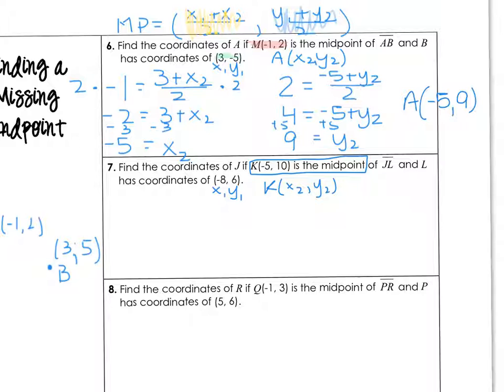So looking for the x part, the x coordinate of the midpoint is -5, equals x1, which is -8, plus x2 divided by 2. So that divided by 2 is a part of the formula. It's always done. Multiply both sides by 2. Add 8.